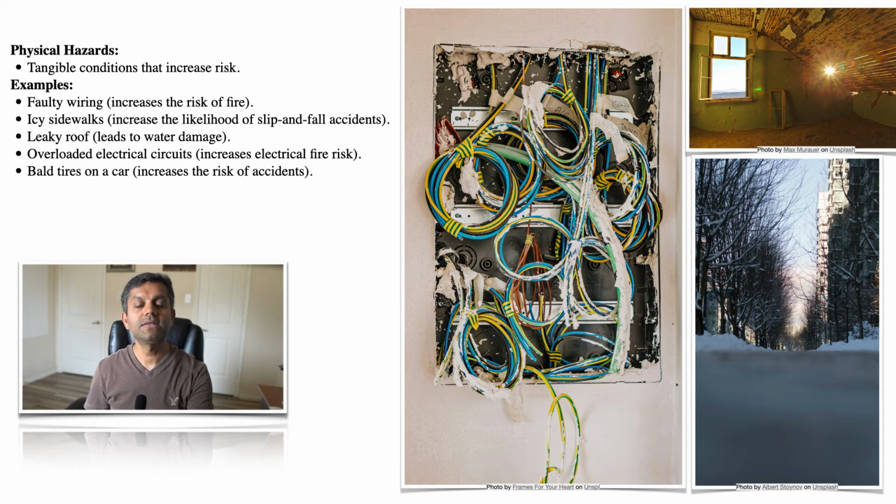For instance, faulty wiring increases the risk of fire. Icy sidewalks increase the likelihood of slip and fall accidents. A leaky roof leads to water damage. Overloaded electrical circuits increase electrical fire risk, and bald tires on a car increase the chance of accidents.